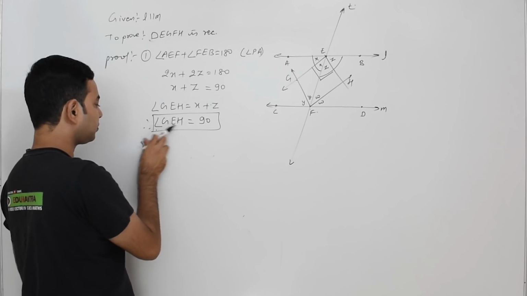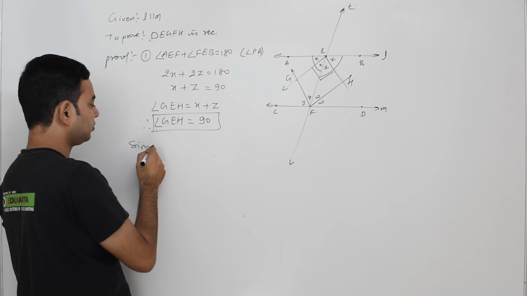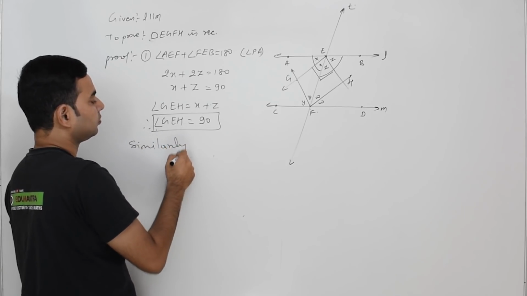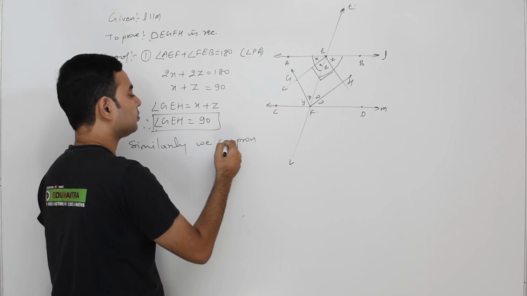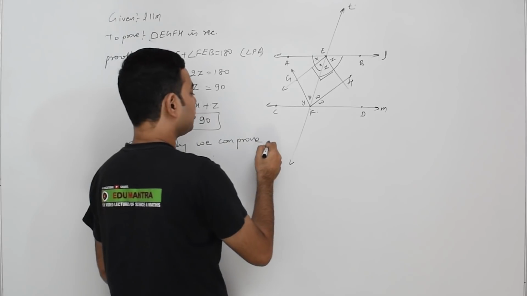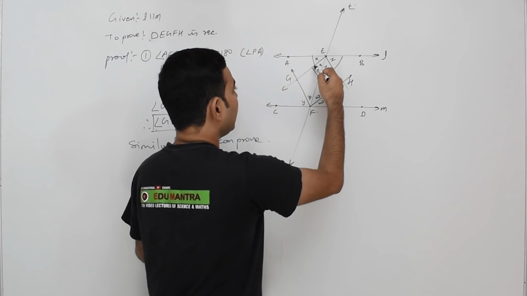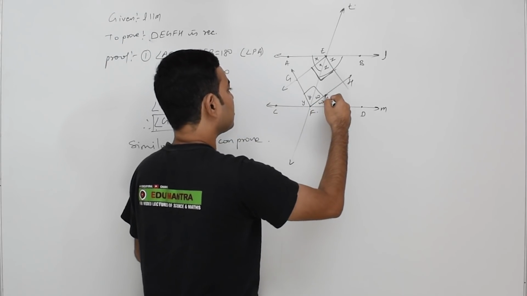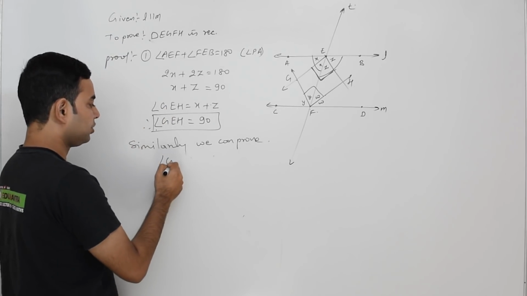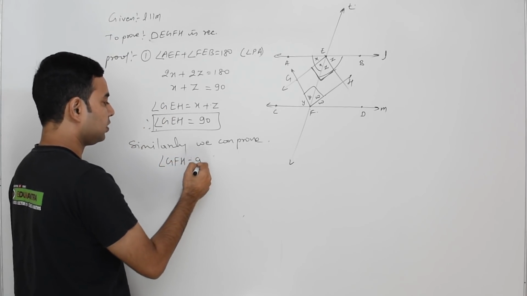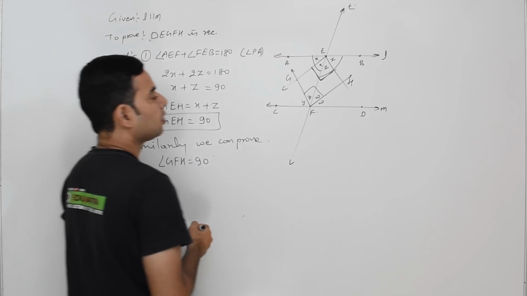Similarly, we can prove that as this is 90, this is also 90. It means angle GFH is equal to 90.